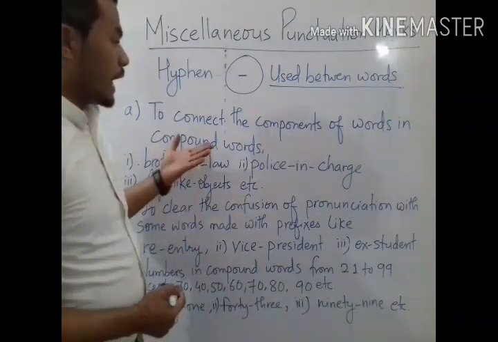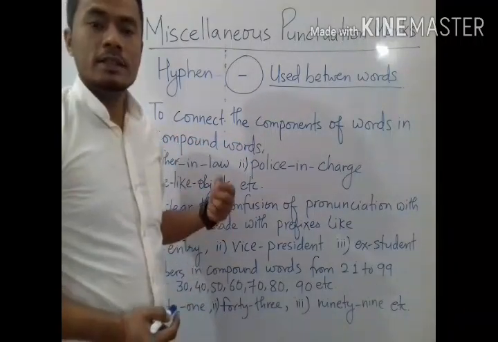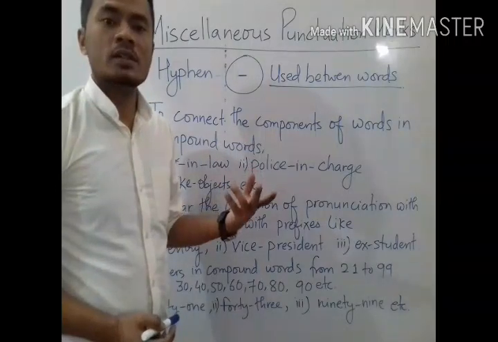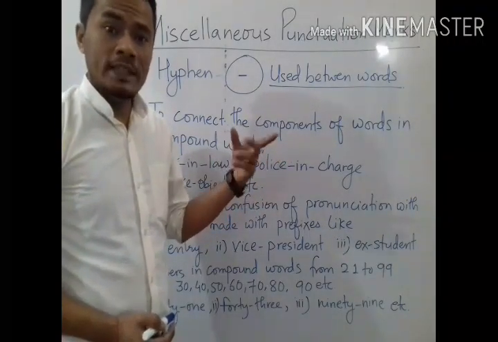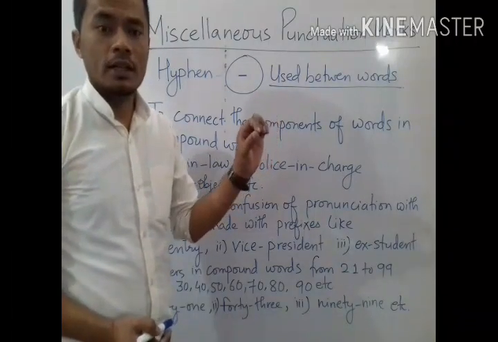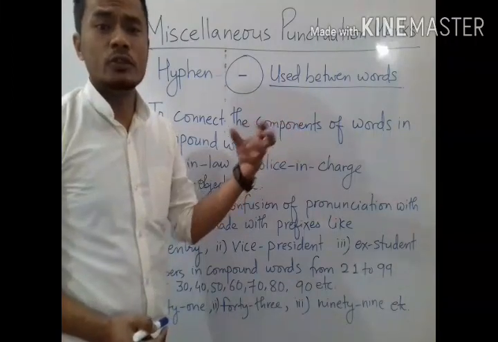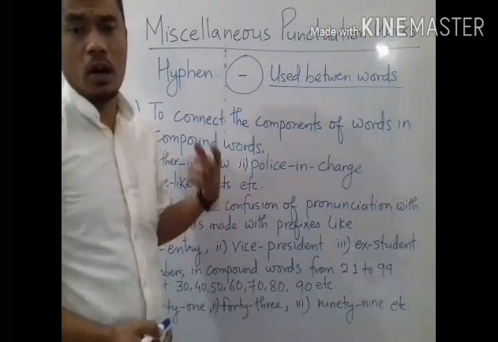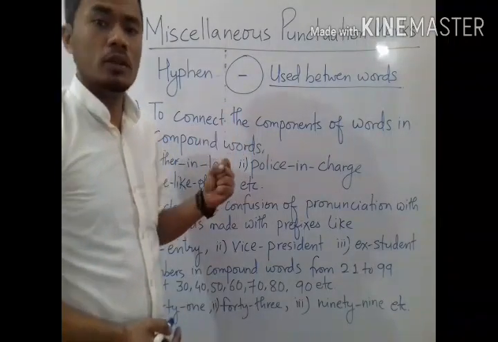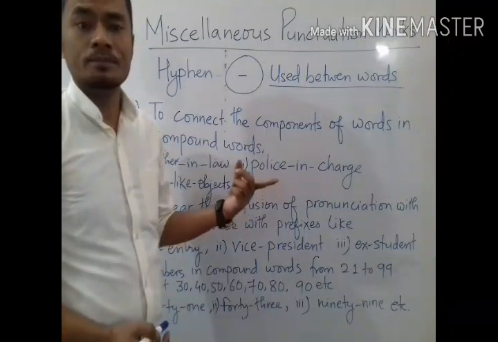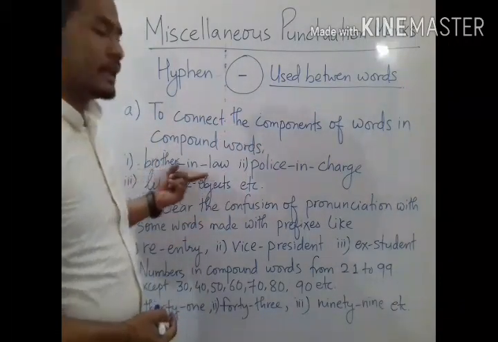Hyphen is used to connect the components of words in compound words. Sometimes compound words are too long, so to indicate how the components are connected to make one compound word, we use a hyphen, like brother-in-law.